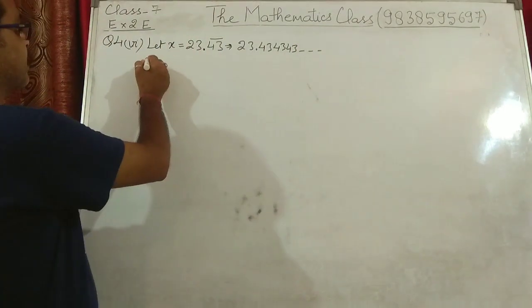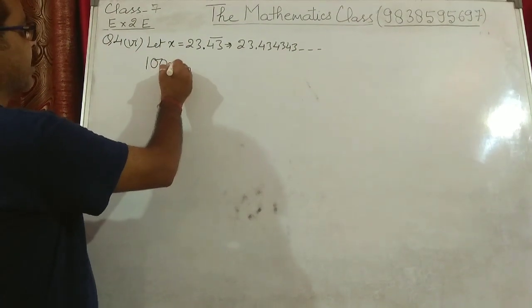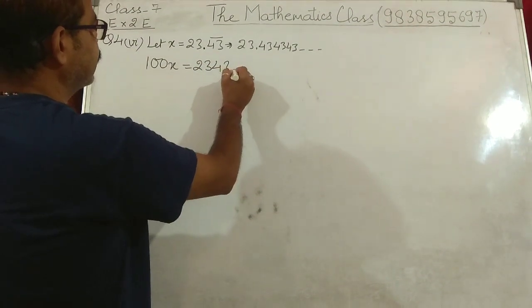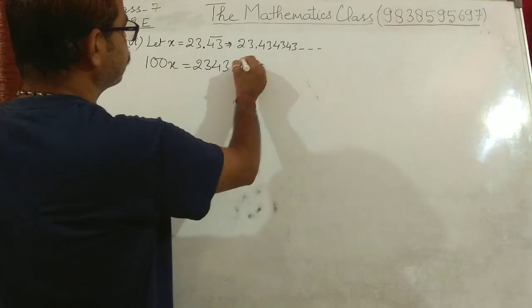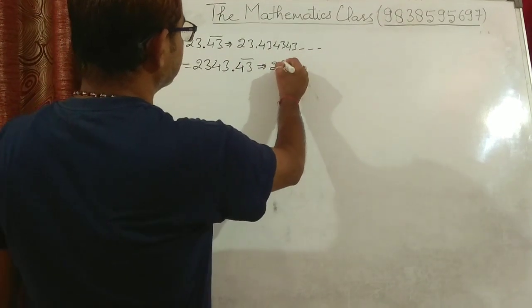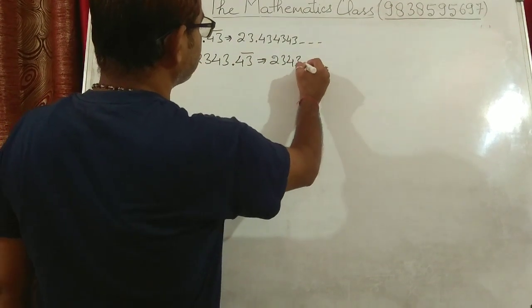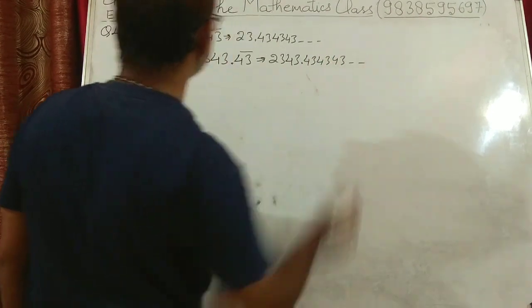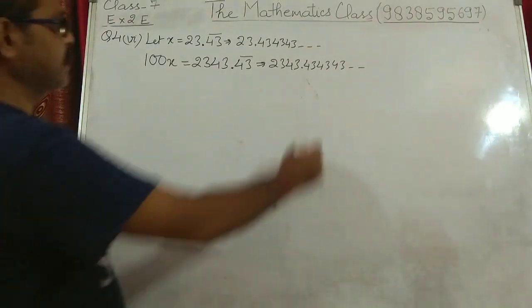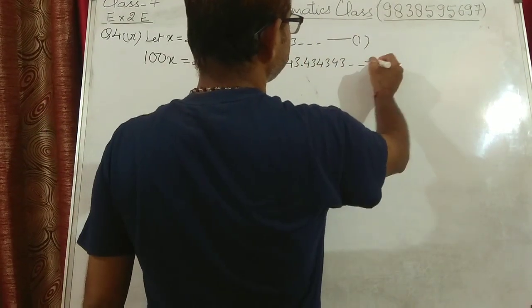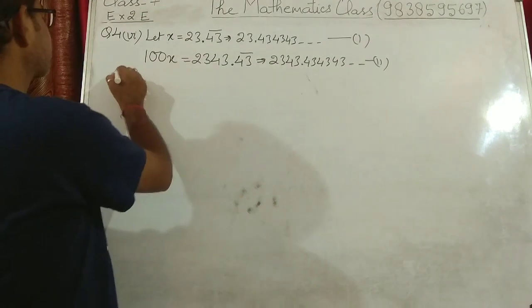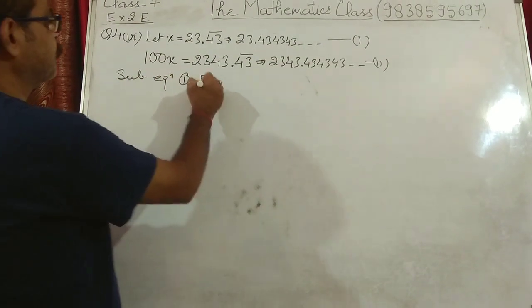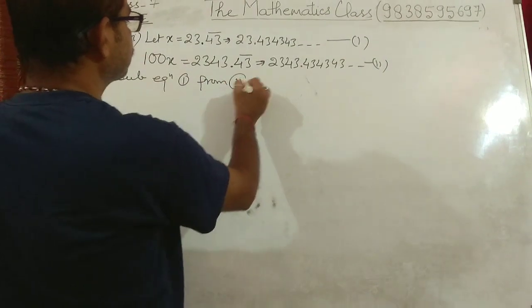So I will multiply by 100. 100x is equal to 2343.43 bar, or 2343.434343 and so on. Now again the same thing we are going to do. This is equation number 1, this is equation number 2. Subtracting equation 1 from equation 2.